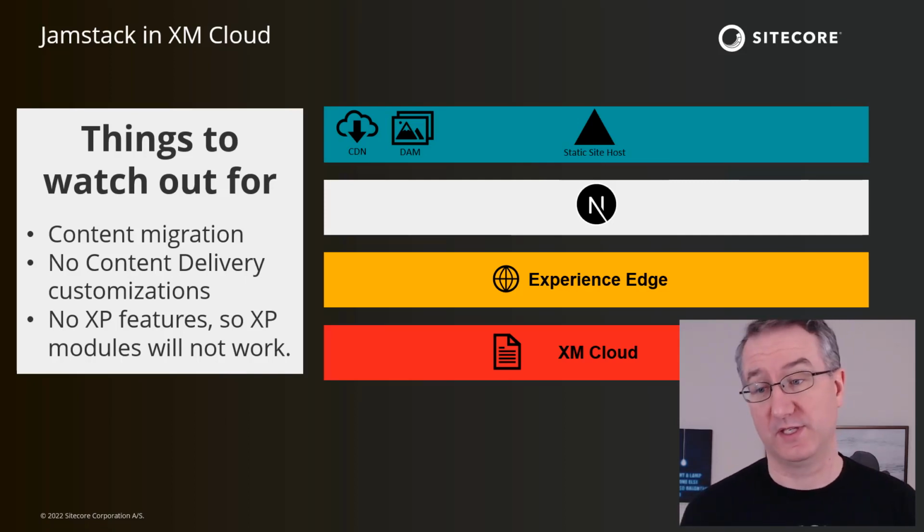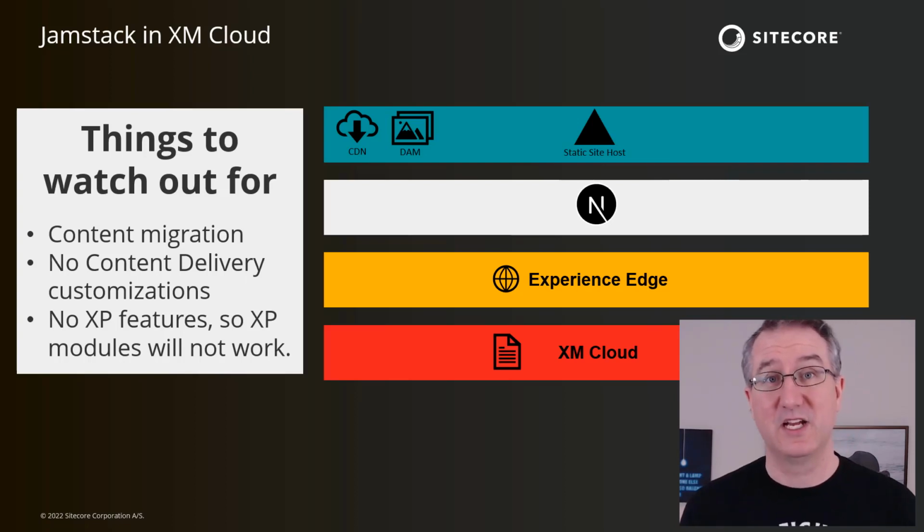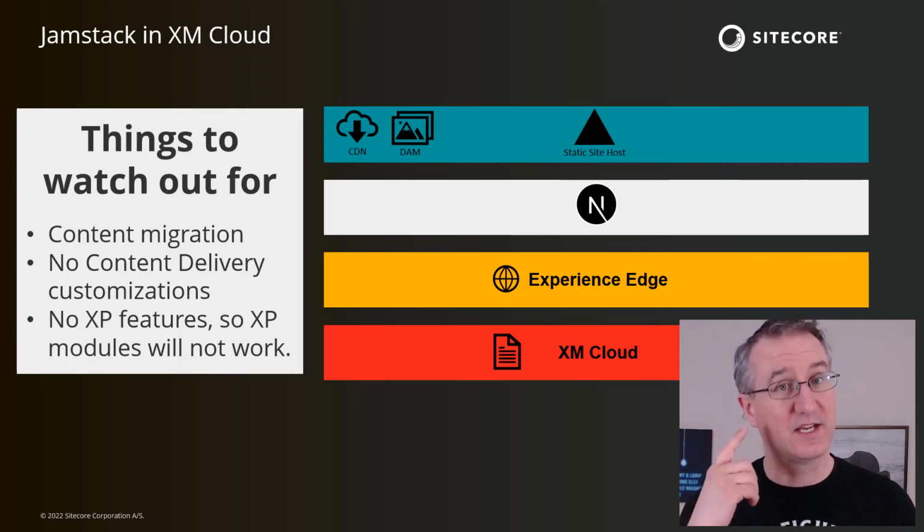You might be using content resolvers, or perhaps you have things like special, custom code running on Sitecore processors or something like that. None of that is going to exist in XM Cloud. You don't have a content delivery server anymore. So we need to remove that. Think headlessly. How would we put this into our Next.js application?